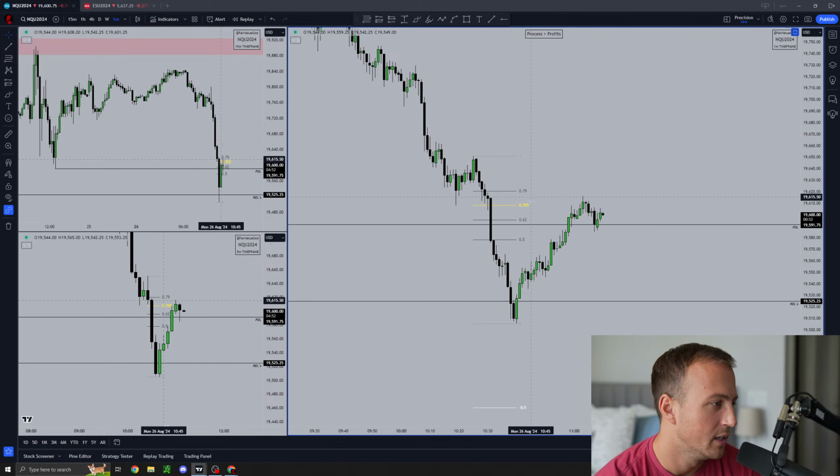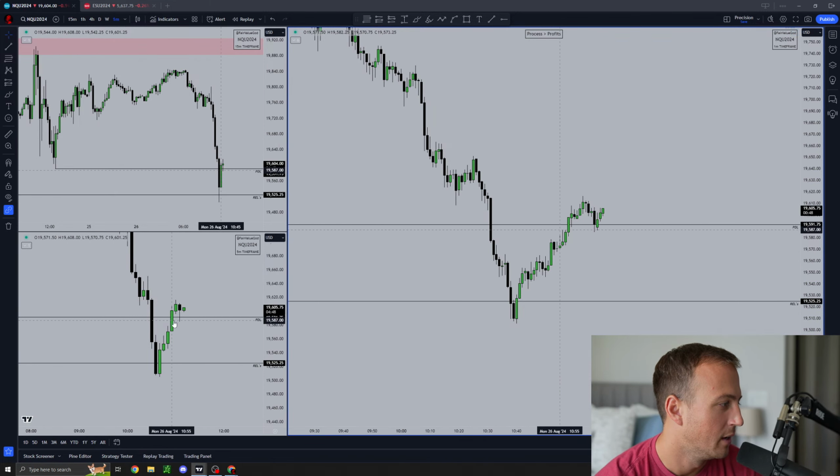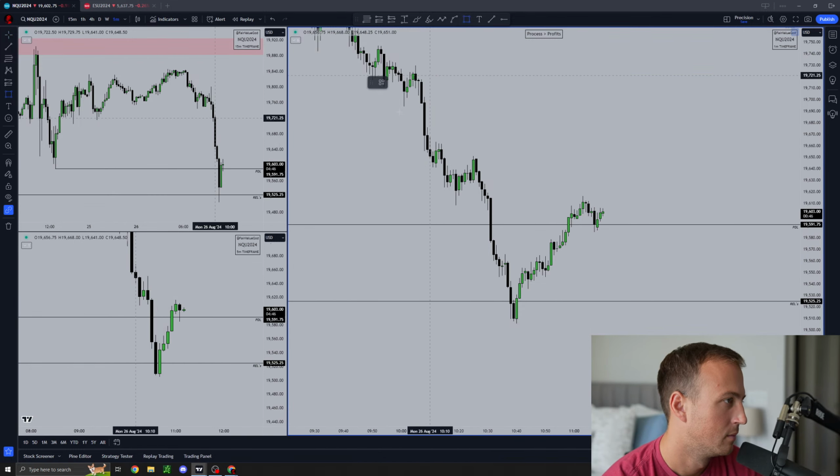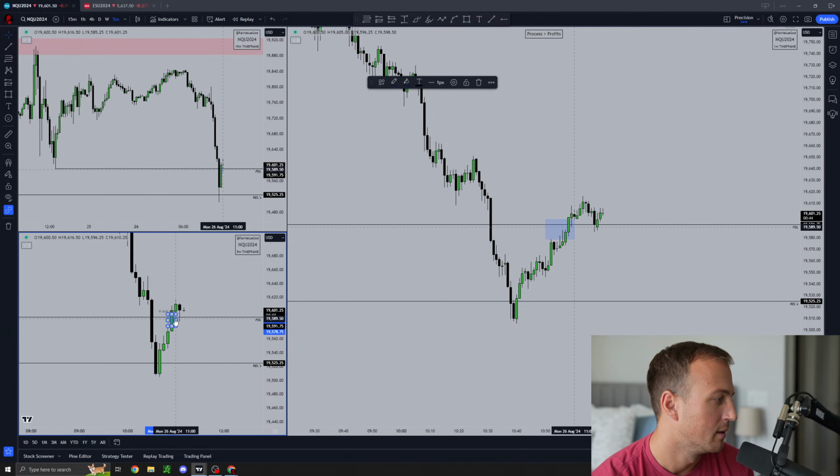All right, we're up here in OTE. But so far, right, this 5-minute candle for the fair value gap we were talking about.